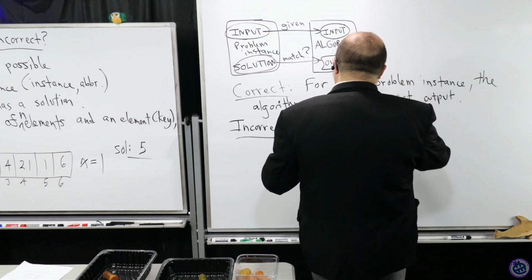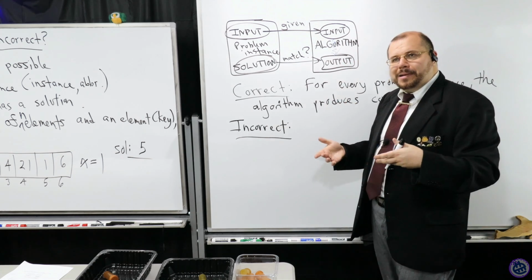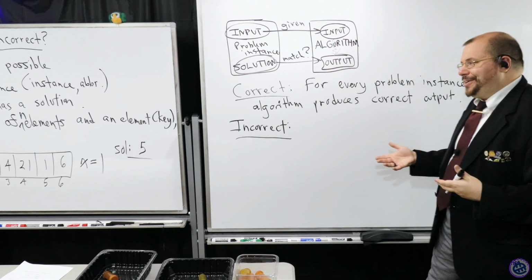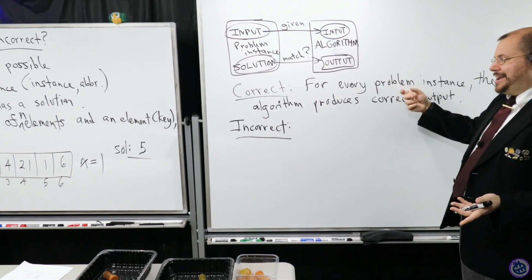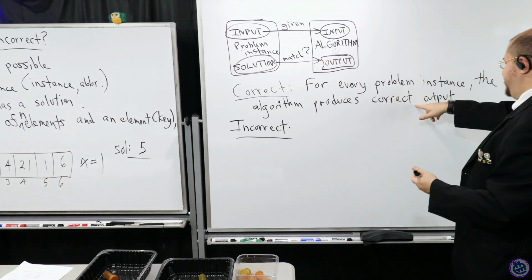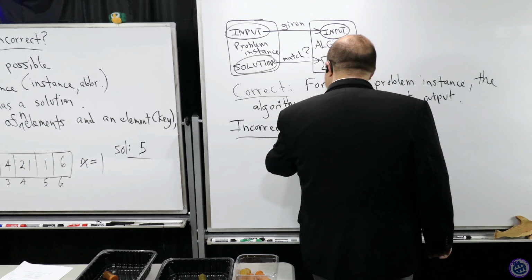So let's flip this around. It says for every one of them, if I played a little game with you about how do I know if it's correct or not? Well, if somebody claimed that this was true, how would you refute it? You would say, okay, I could find you one such that it does not produce correct output, right? And you'd be exactly right.